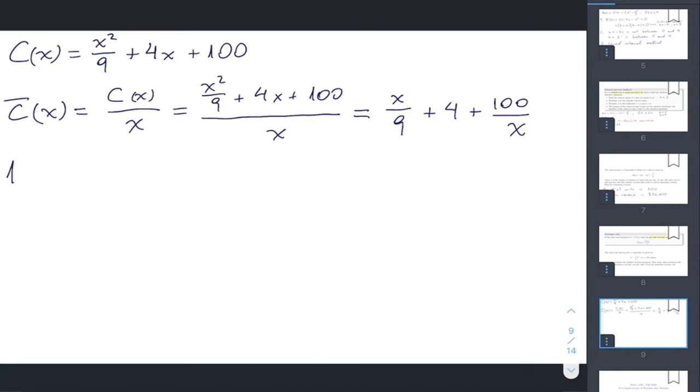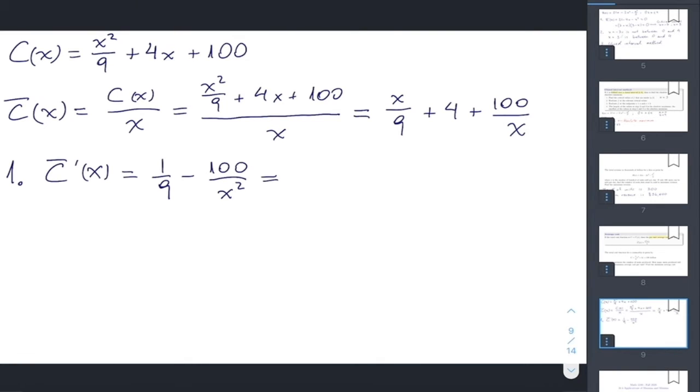So first step always should be to find the critical values of this function. To do so, we start by looking at the derivative, which will be equal to 1 over 9 minus 100 divided by x squared.